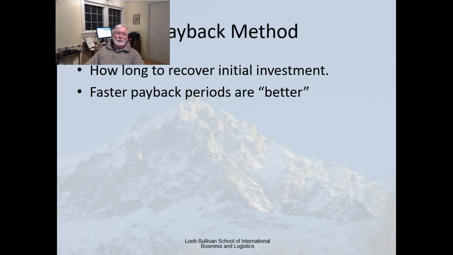I can buy a new toy of some sort, a new tractor or a new ATV or a new kitchen, whatever. So there's no benefit to waiting for a return unless the return is greater in the future. So payback doesn't look at that. They're just looking at straight dollars.